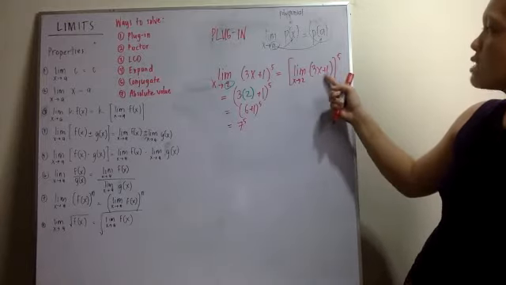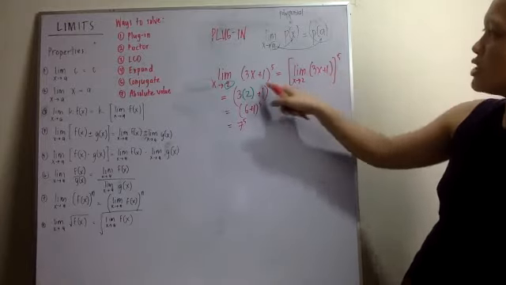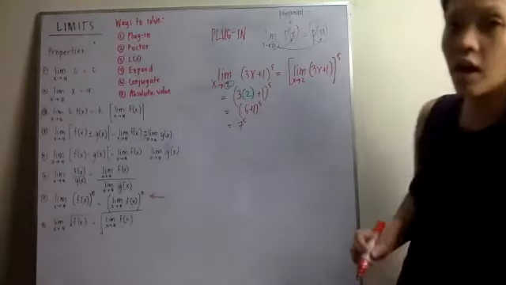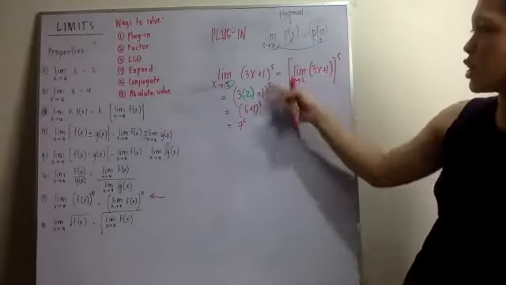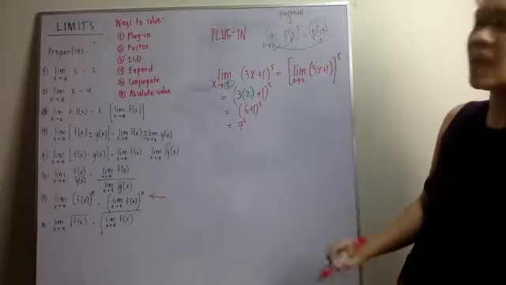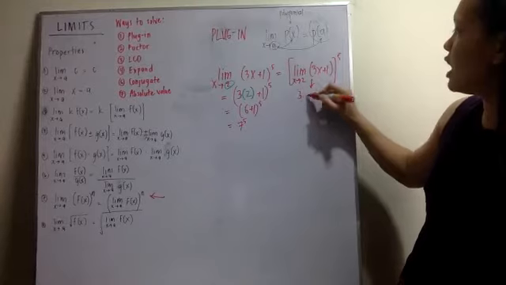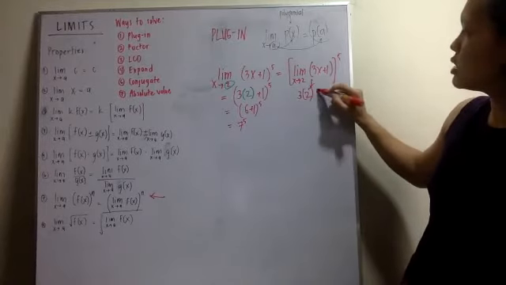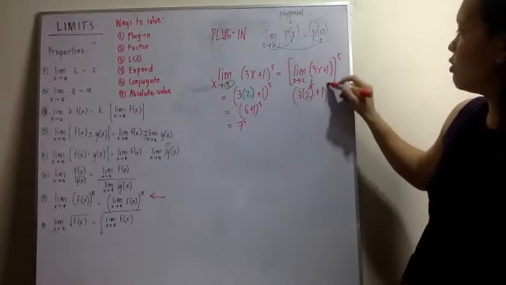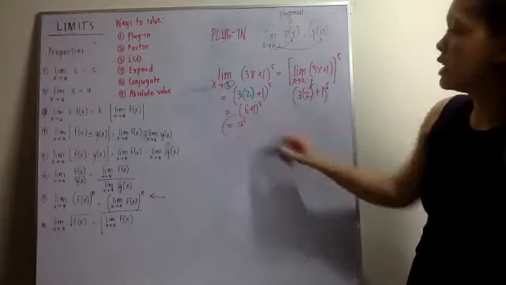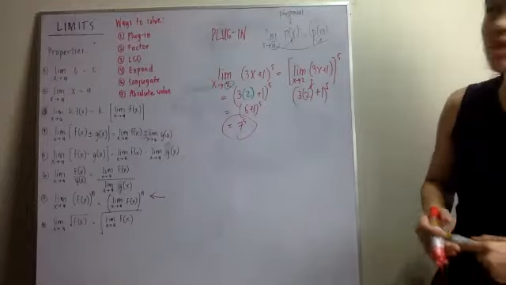Limit ng 3x plus 1 raised to 5 is just equal to this, given by this property. Okay? Pero syempre, pag nag-exam, so shortcut na lang natin yan. Plug na lang rin natin agad yung 2. Okay? Kasi ito, equal lang yan sa 3 times 2 plus 1 raised to 5. So as you can see, pareho lang. Okay? And we will get this answer, 7 raised to 5.